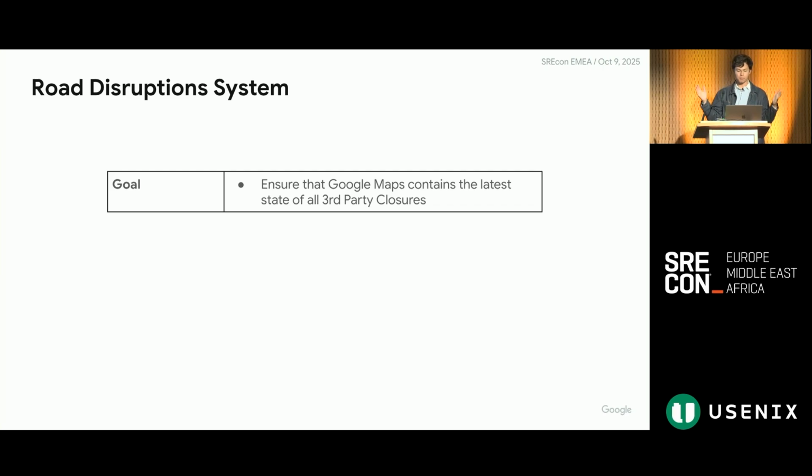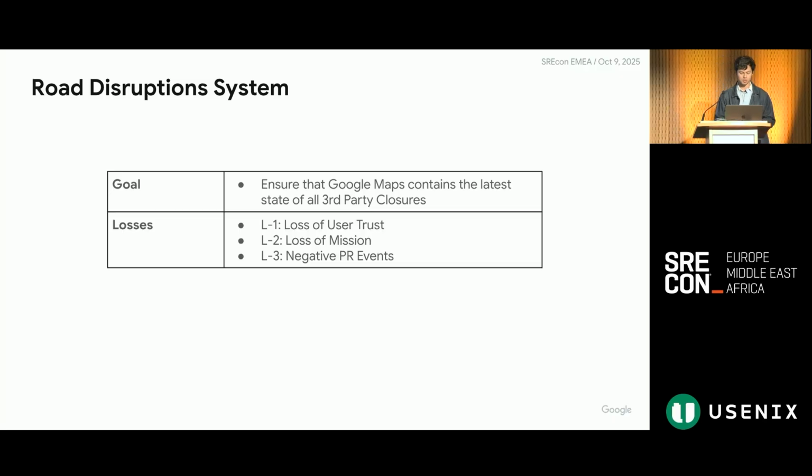So the first step when running an STPA is to define the purpose of the analysis. Specifically for this analysis, we state the goal. Our goal of this system is to sync the state of Google Maps to that of the third-party road closures. Next, we define the losses. Remember, the losses are the unacceptable outcomes for our stakeholders.